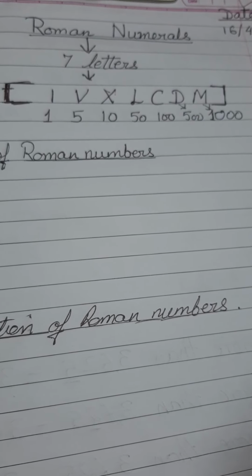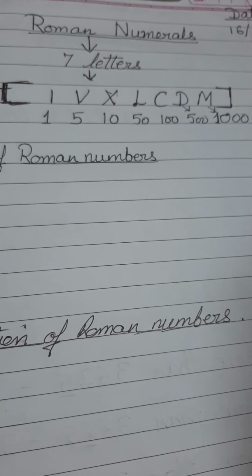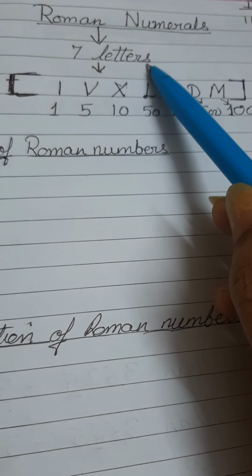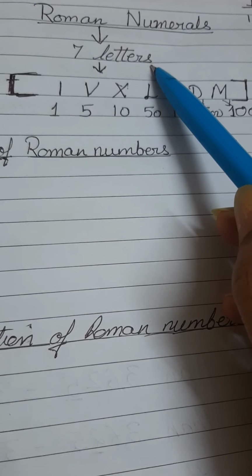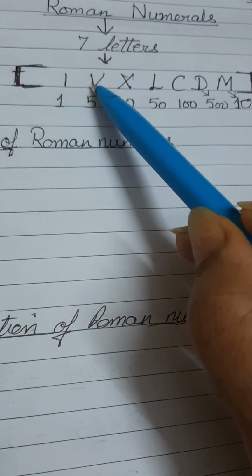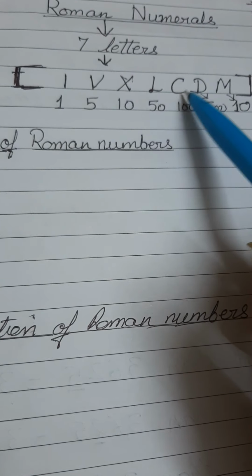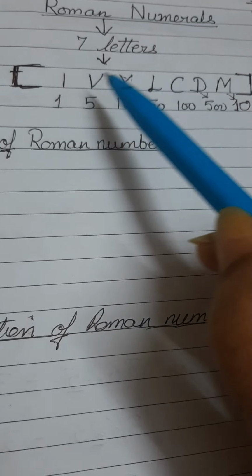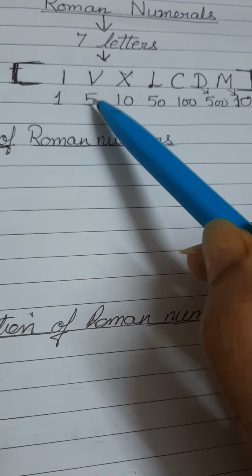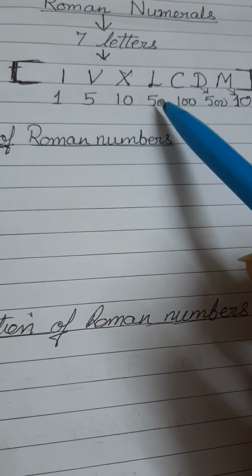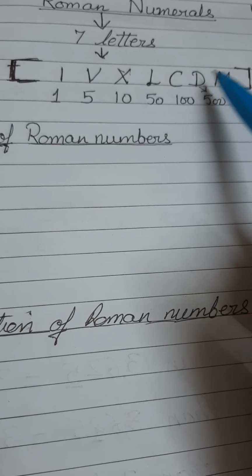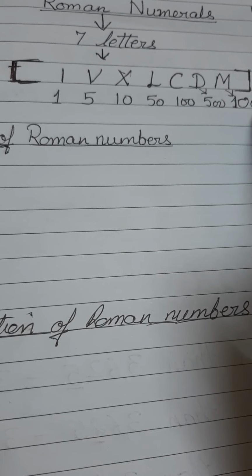So let us begin. Roman numbers have 7 letters: I, V, X, L, C, D, M. I stands for 1, V for 5, X for 10, L for 50, C is 100, D 500 and M for 1000.